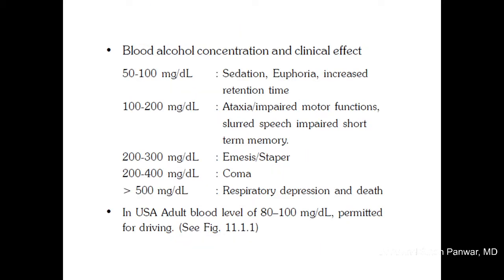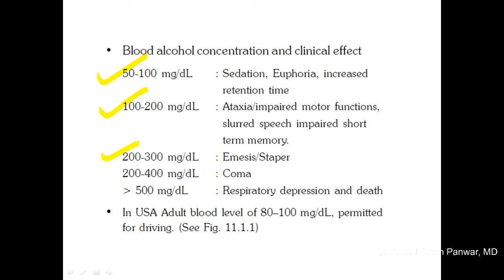Now let us discuss the blood concentration of alcohol and its clinical effects. If the blood concentration reaches 50 to 100 milligram per dl, it produces sedation, euphoria, increased reaction time. If it is 100 to 200 milligram per dl, then it produces ataxia, impaired motor functions, slurred speech, impaired short-term memory.